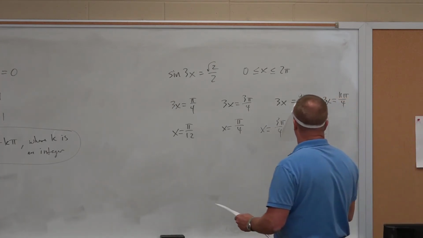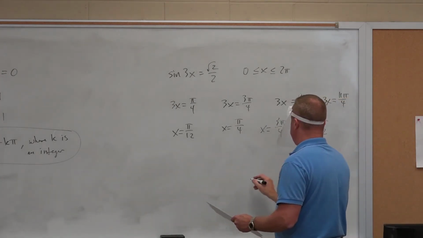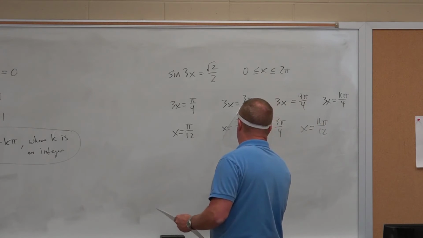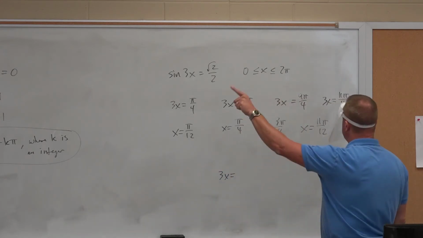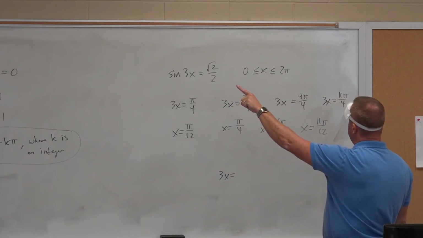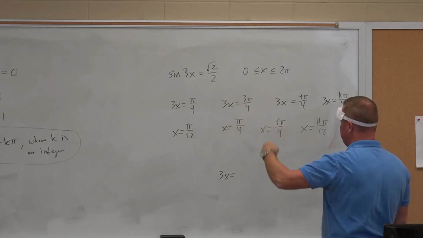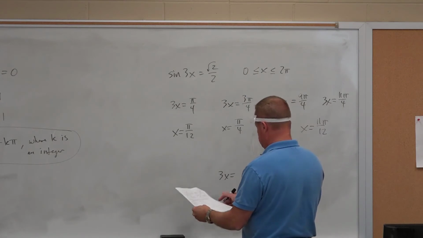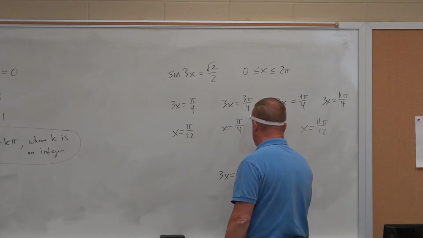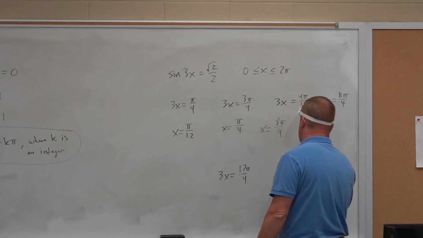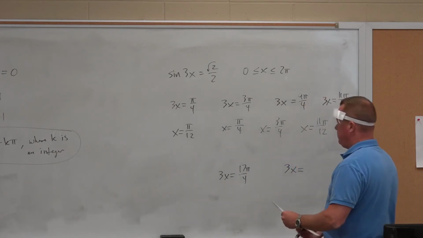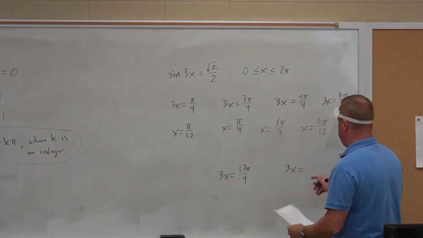So if you just do a few more here, I'm at 11, so that'd be 12, 13, 14, 15, 16, 17. Is that right? Yep, 17 pi over 4. And then that'd be 17, 18, 19 pi over 4.